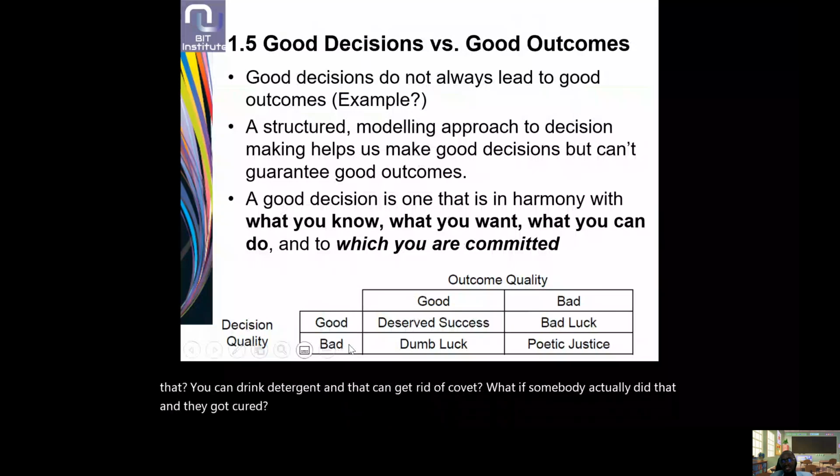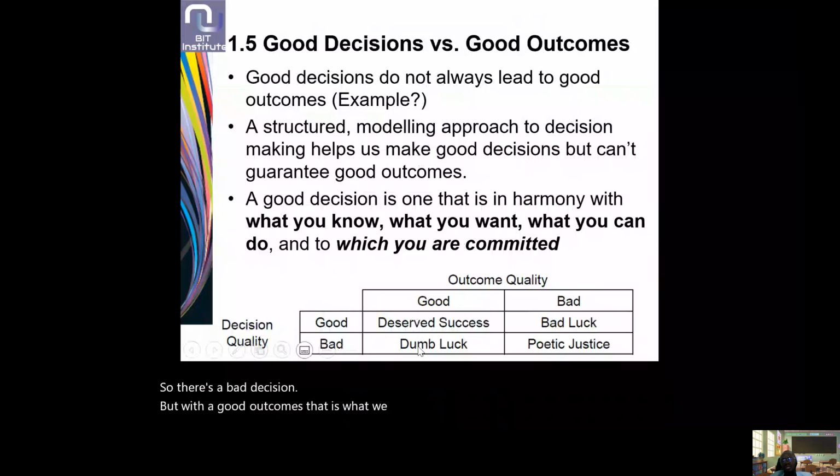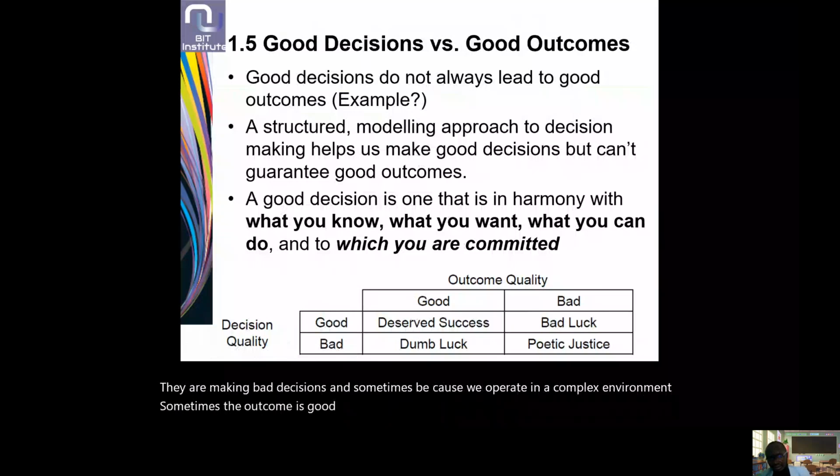So it's a bad decision, but with a good outcome. That is what we call dumb luck. There are many people who take chances like that. They are making bad decisions, and sometimes, because we operate in a complex environment, the outcome is good, and therefore we simply call that dumb luck.